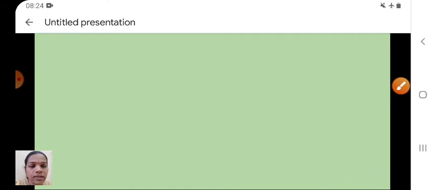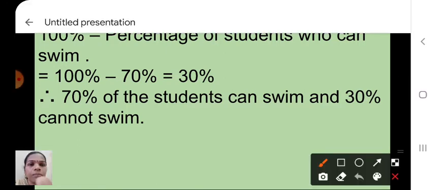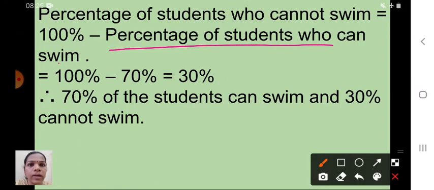Okay, see here, next one is the percentage of students who cannot swim. So how many percent of students can swim? I told 70 percent. So the percentage of students who cannot swim is equal to 100 minus the percentage of students who can swim.